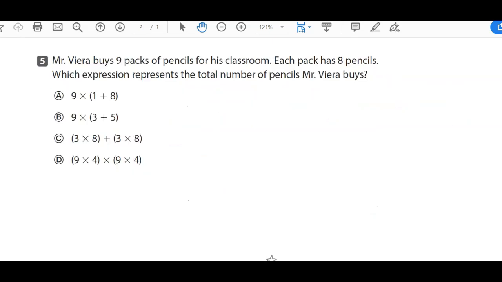This is Mr. Rivera buys 9 packs of pencils for his classroom. Each pack has 8. Which expression represents the number of pencils Mr. Rivera buys? Okay. So it looks like does that represent that? So it's basically 9 times 8, right? Okay.